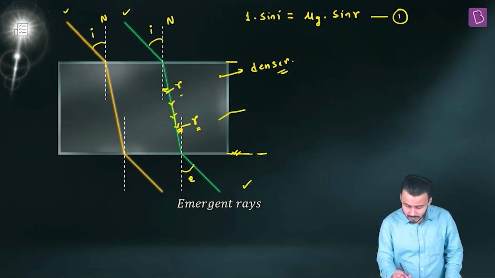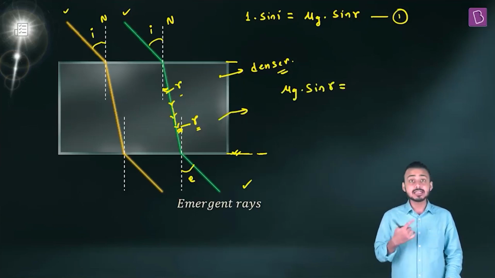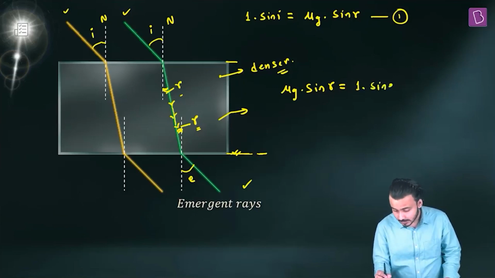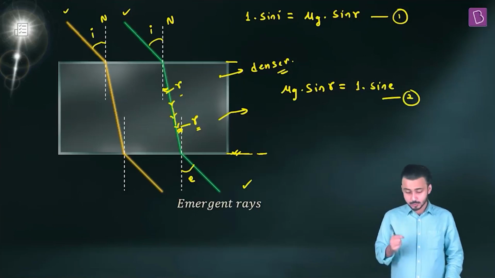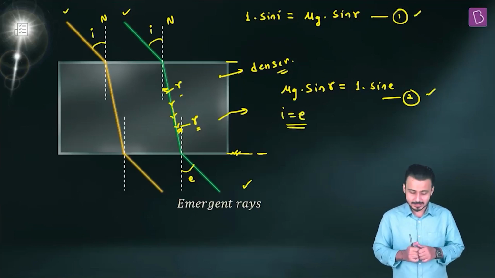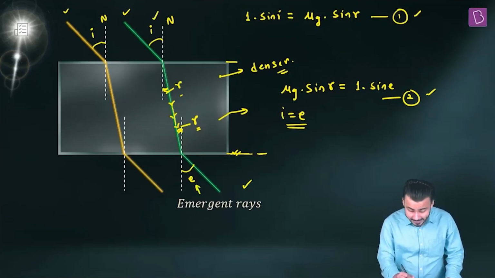You get mu glass into sine of incident angle, that is R this time, is equal to mu air, that's 1, into sine of angle of refraction, that's E. From equation 1 and equation 2, I becomes equal to E. That means the angle of incidence is the same as the final angle of emergence.